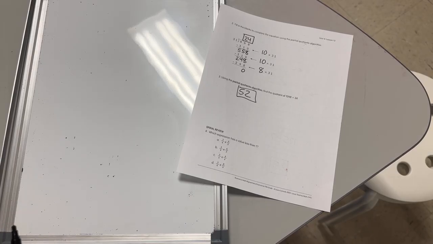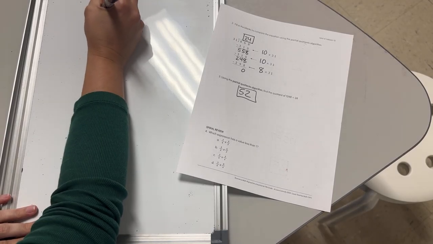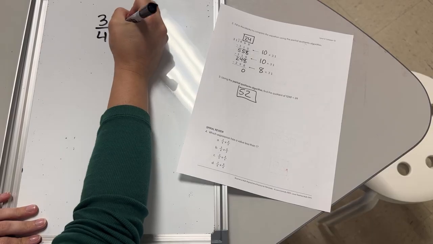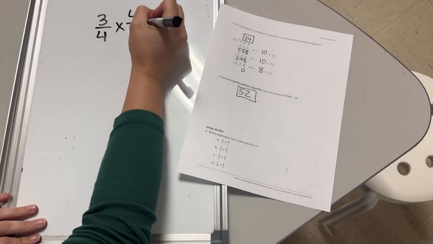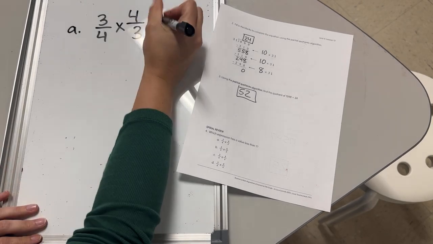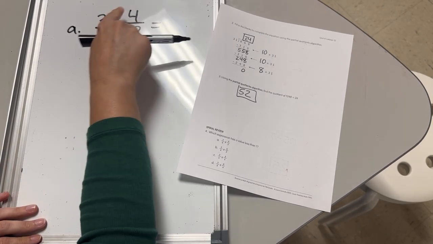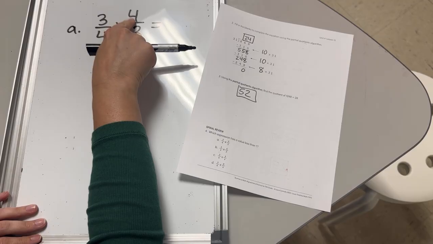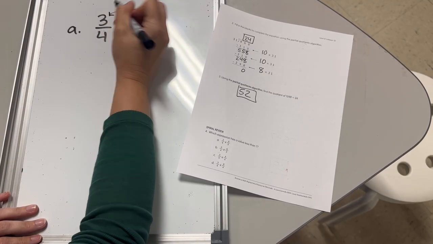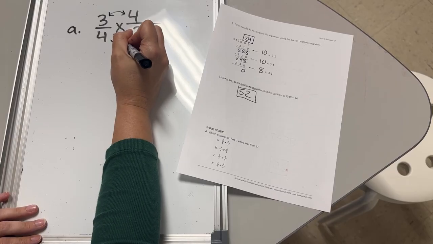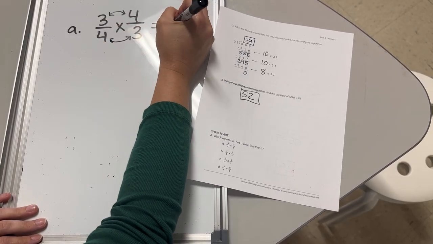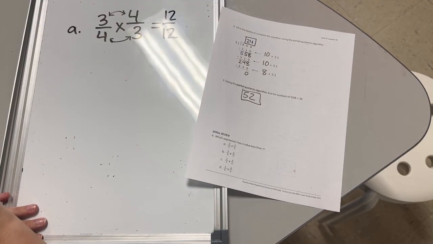When I'm taking a fraction, so for example, A, where I have 3/4, and multiplying it times another fraction, so this one's A, what I'm really doing is I'm multiplying the numerator times the numerator, so 3 times 4, and the denominator times the denominator, 4 times 3, which means I end up with 12 12s.